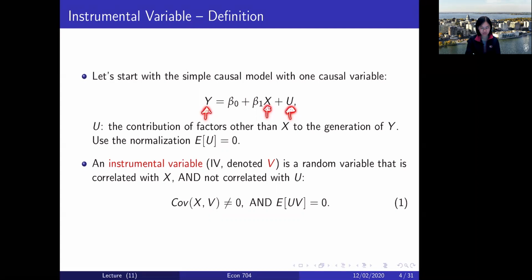Okay, so if you believe the main thing in the error term is intelligence, then the instrumental variable should have nothing to do with the intelligence of the individual, okay? But should still be able to move education. So that's the idea.